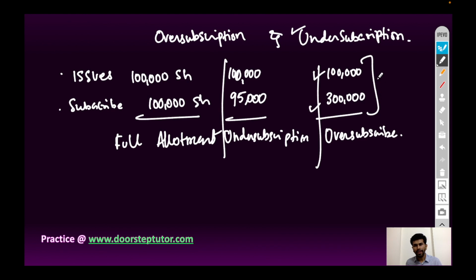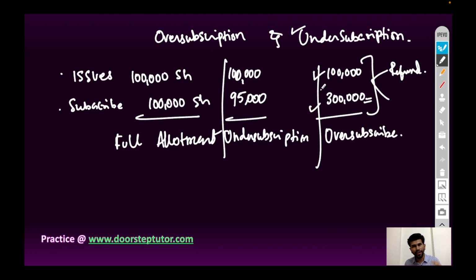In this case, companies have two options: either to refund the money of excessive application. For example, in this case, 1 lakh number of shares is to be issued, but company has received application for 3 lakh shares. In this case, 2 lakh applications are more.